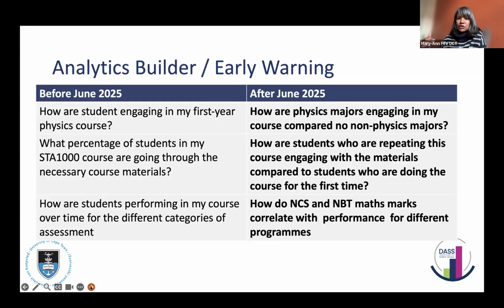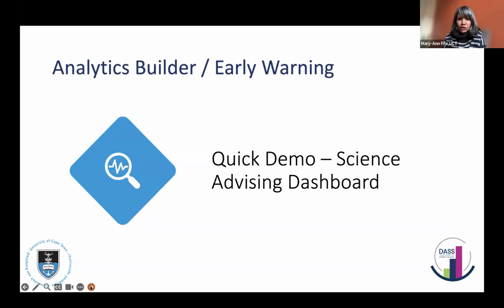We could ask how students who are repeating this course engage with the materials compared to students who are doing the course for the first time. Or how do NSC and NPT marks correlate with performance for different programs? So we could ask a lot more nuanced questions.